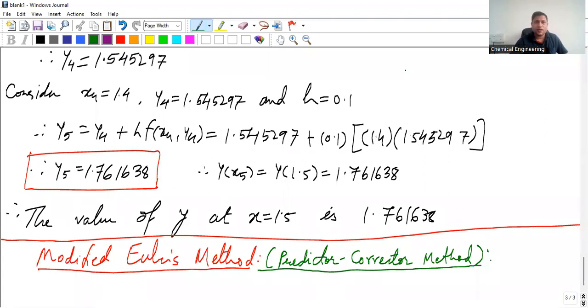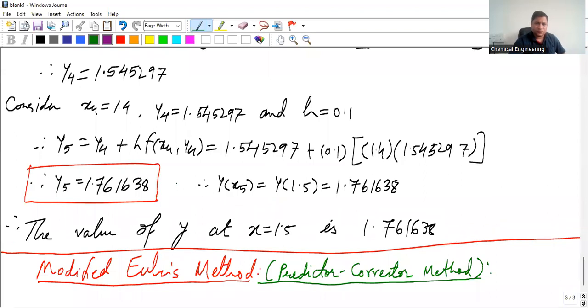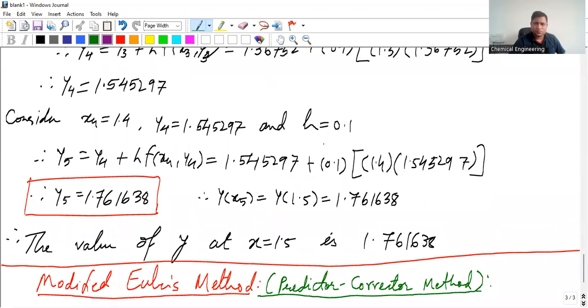Yes, Jason. When I solved the differential equation to check it, I got 1.86824, so we're not getting the correct answer.